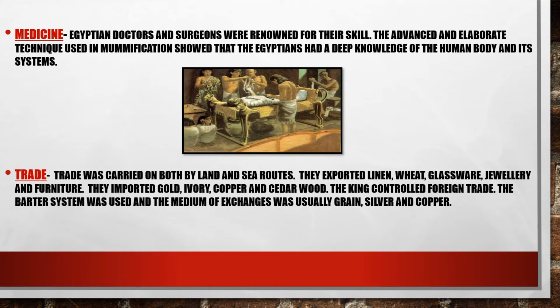Medicine. Egyptian doctors and surgeons were renowned for their skill. Why are they so famous for their skill? Because the advanced and elaborate technique used in mummification, or we can say embalming an Egyptian corpse, showed that the Egyptians had a deep knowledge of the human body and its systems.